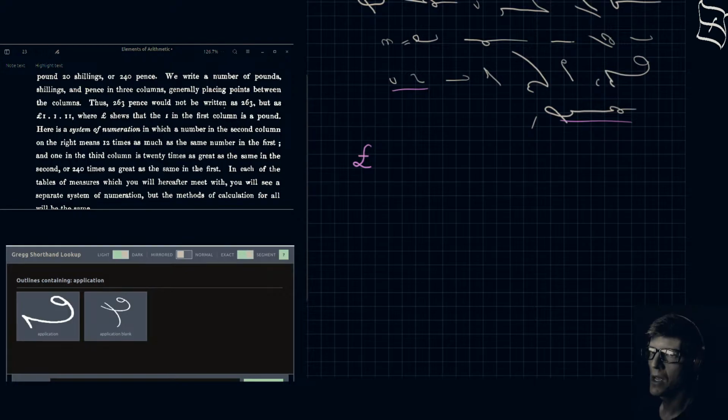And we have our I located here, followed by a dot, and then another I here, and then a dot followed by two I's right here. This shows that the I in the first column is a pound, and so that one is right here.